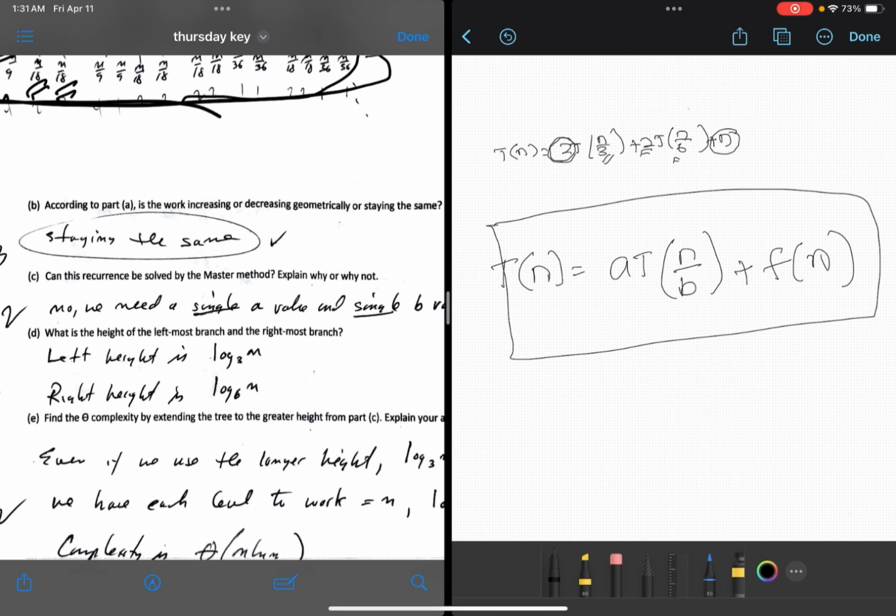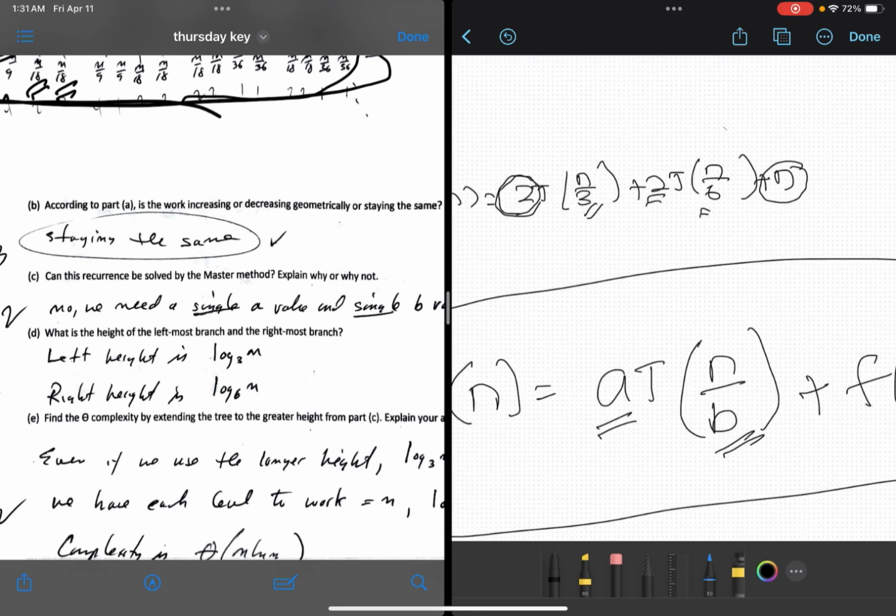Here this a is the branching factor and b actually cuts down the problem size by b each time. And f of n is the actual work done, and f of n you can also say is the work done at the 0th level.